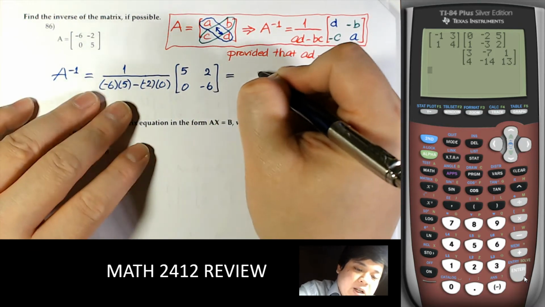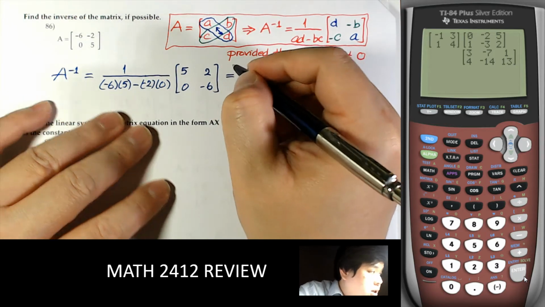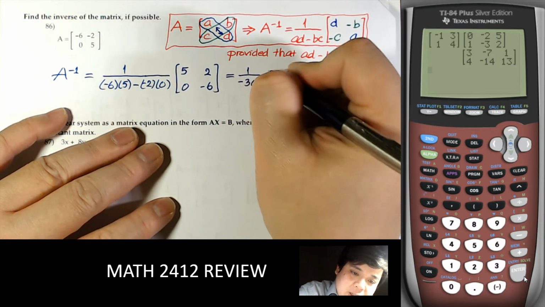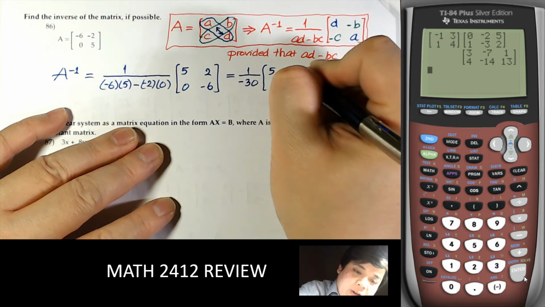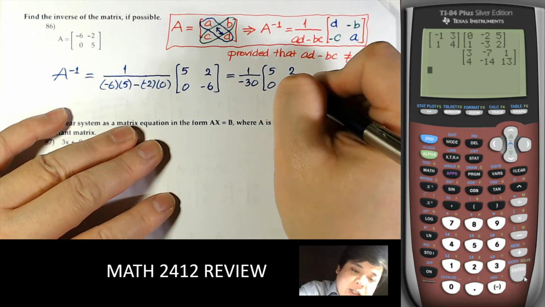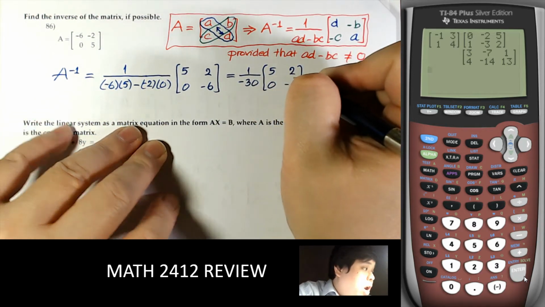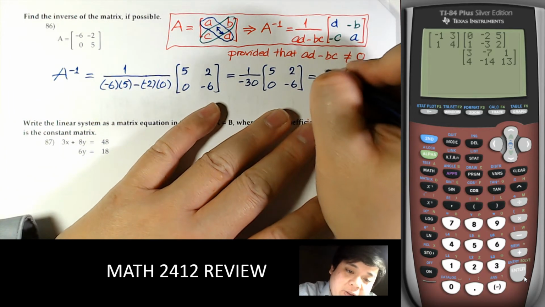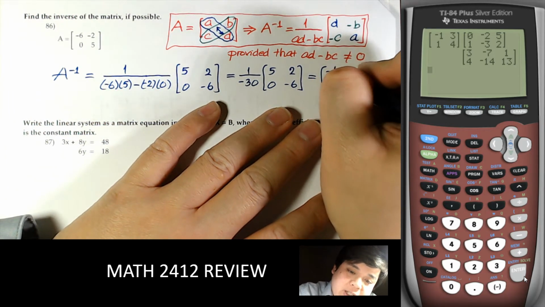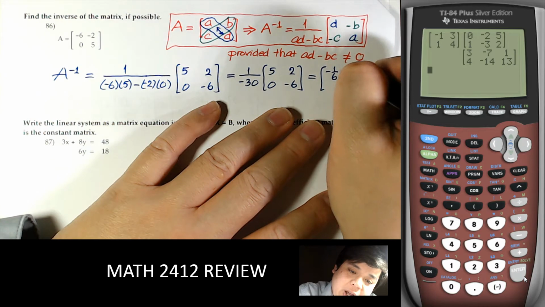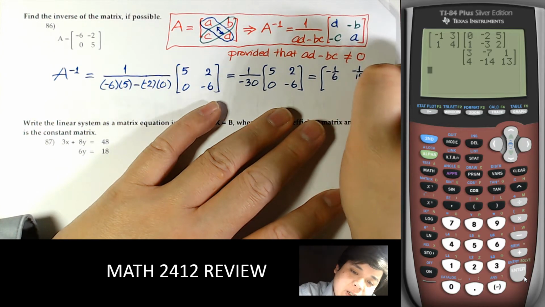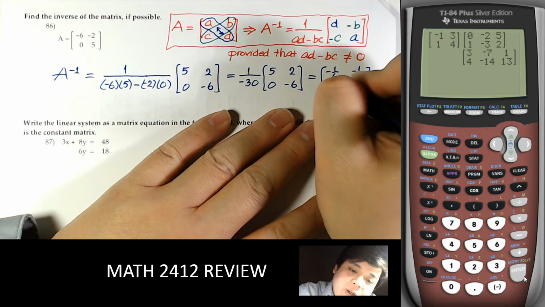So that gives us 1 over negative 30 times 5, 2, 0, and negative 6. And multiplying that inside, we will have negative 1 over 6, negative 1 over 15, 0, and 1/5.